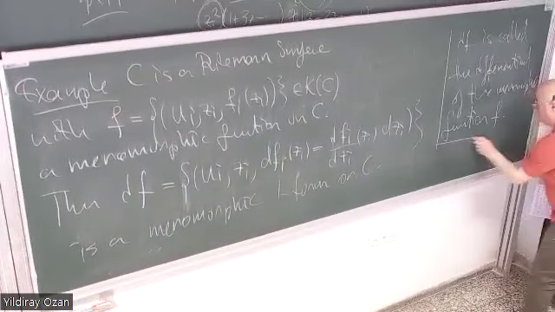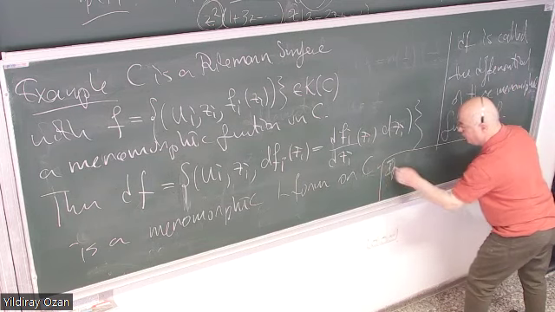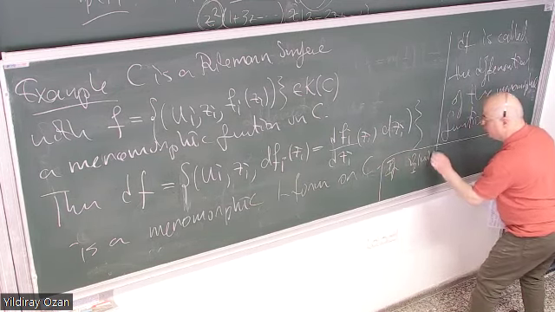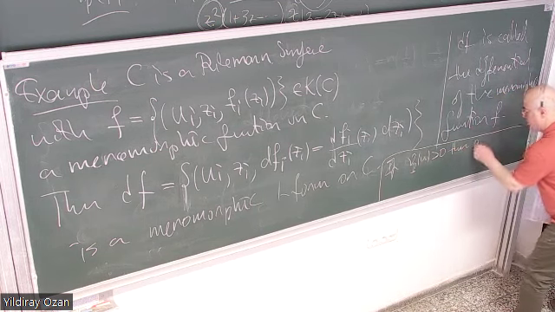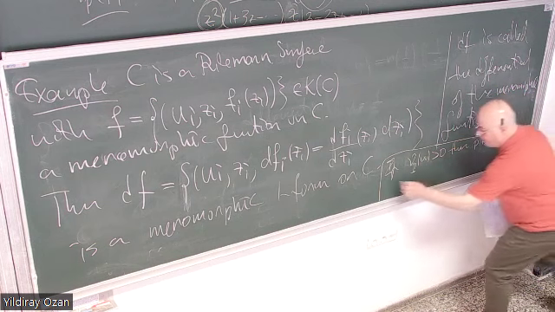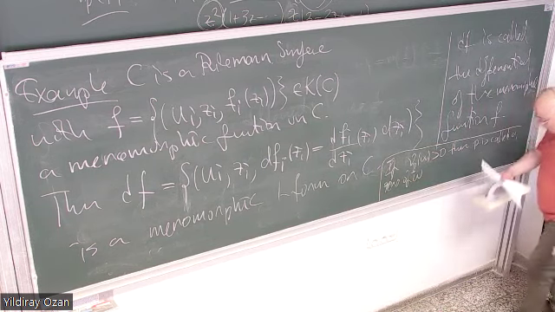Again, if this multiplicity is positive, then P is called a zero of the differential form.